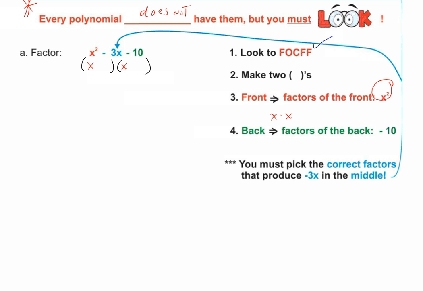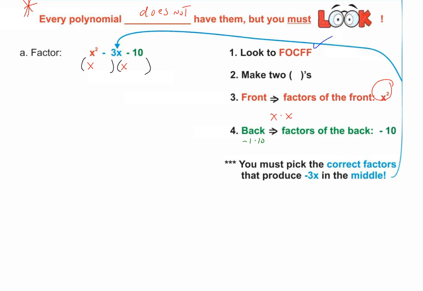Now we got to figure out the back. Now here's the thing with the back. The back numbers are going to be factors of the back number. What's the back number of our trinomial? It's negative 10, right? So our back numbers are going to be factors of negative 10. Let's go ahead and list the possibilities. For example, a negative 1 times 10, doesn't that equal negative 10? There's one set of possible factors, negative 1 and 10.